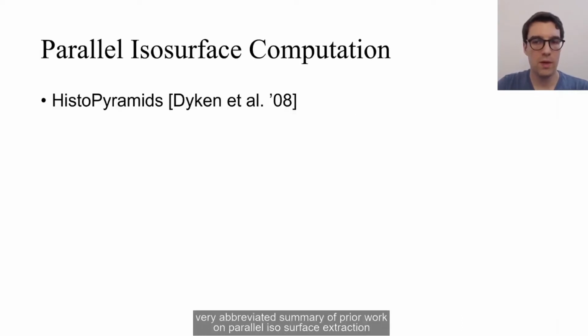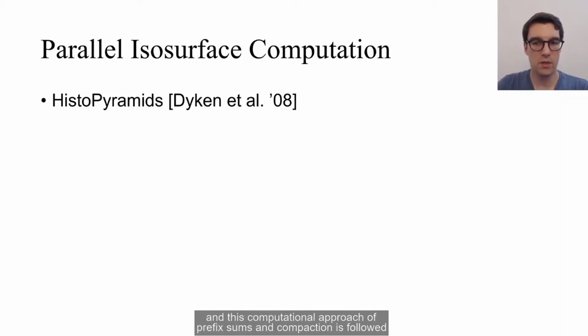I'll mention here a very abbreviated summary of prior work on parallel isosurface extraction. Of course, this is a large field, and I cannot possibly cover everything in this short time. Dyken et al. presented a GPU-based method leveraging prefix sums and stream compaction using histopyramids to compute the vertices in parallel for each block.